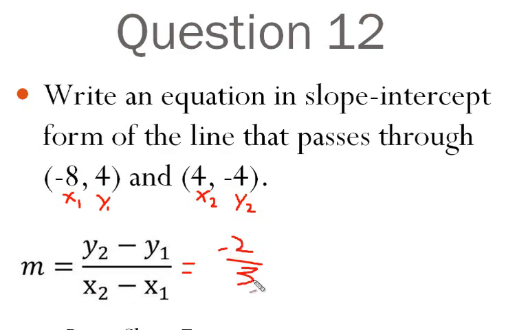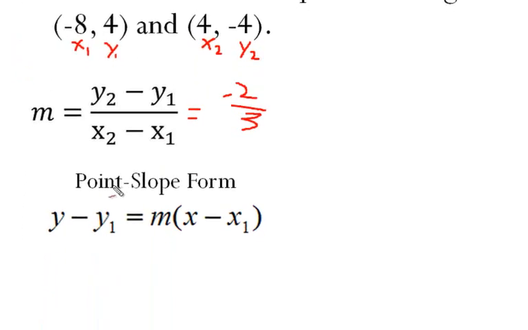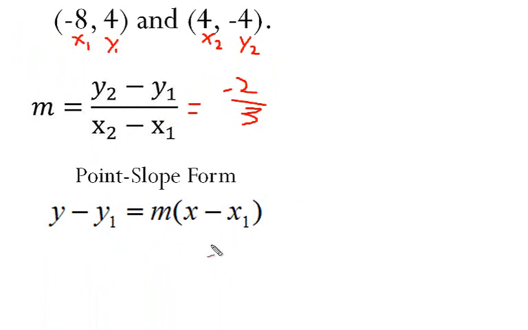Now that we have a slope, we can use a point. We can use point-slope form, plug all that in, solve it, and you'll get your equation is y equals -2/3 x plus 4/3. Okay, you would do the point-slope form just like we did in the question before this.